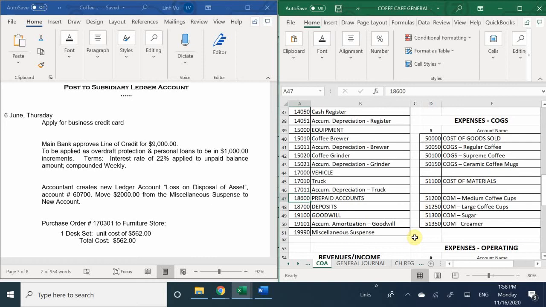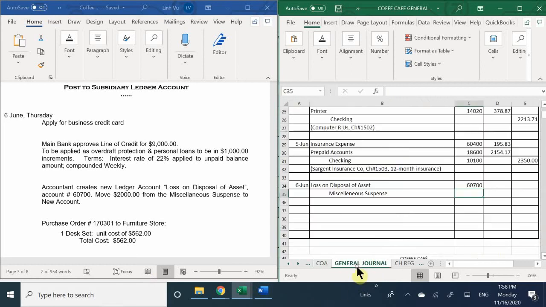Oh, there it is. 19,990. Okay, good. We're going to debit the $2,000 and credit the $2,000, because it told us to move the entire loss on sale of assets into the proper accounts.